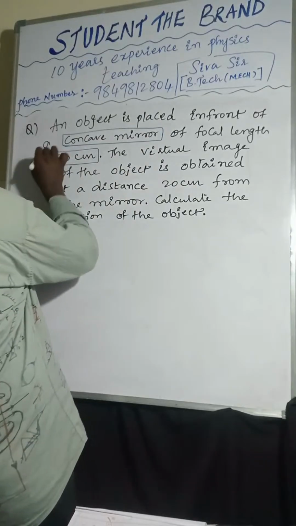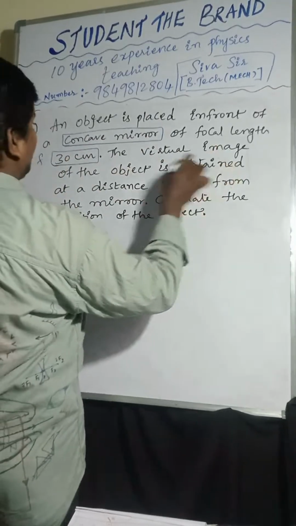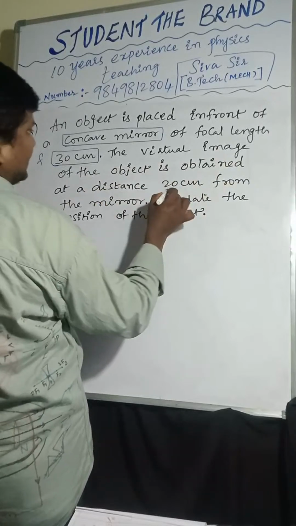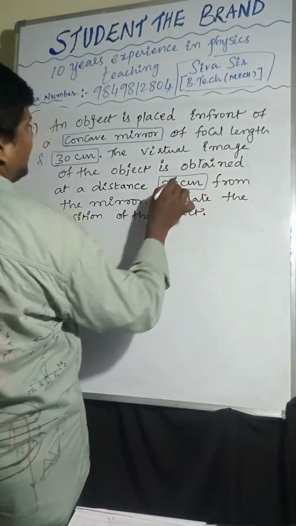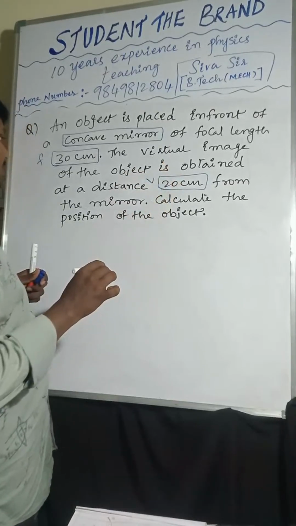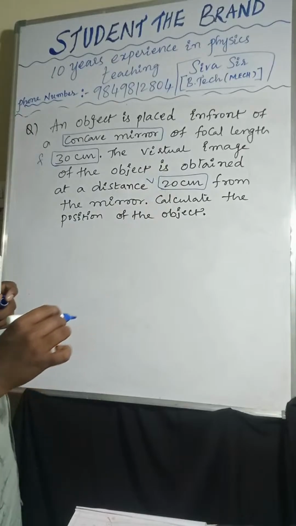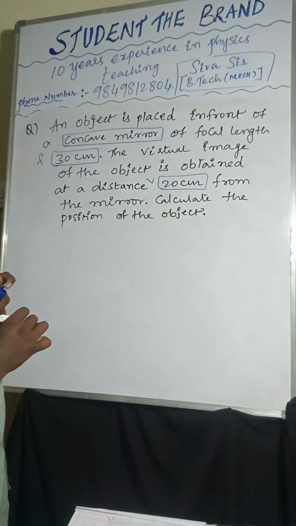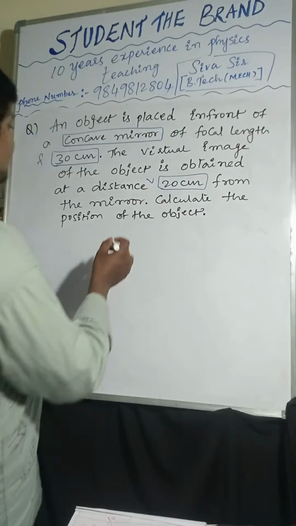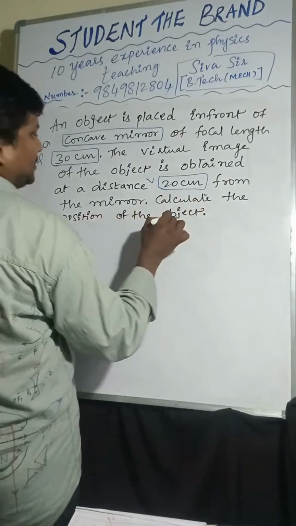F, we have to identify F. The virtual image of the object is obtained at a distance of 20 centimeter, so the image distance is also given from the mirror. Calculate the position of the object. They asked the position of the object. How to do it?